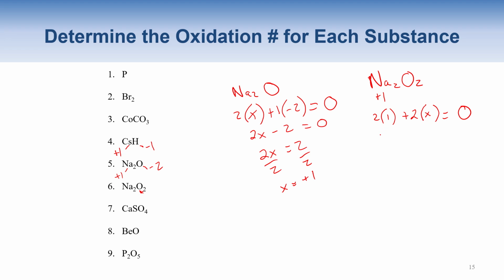So now we have 2 plus 2x equals 0. We move this 2 over. 2x equals -2. Divide both sides by 2. x is equal to -1. So the oxidation number on sodium in here is +1 still, but oxygen is -1 in this instance.